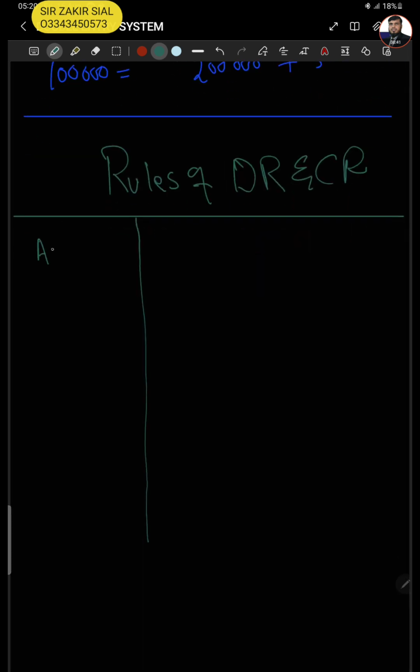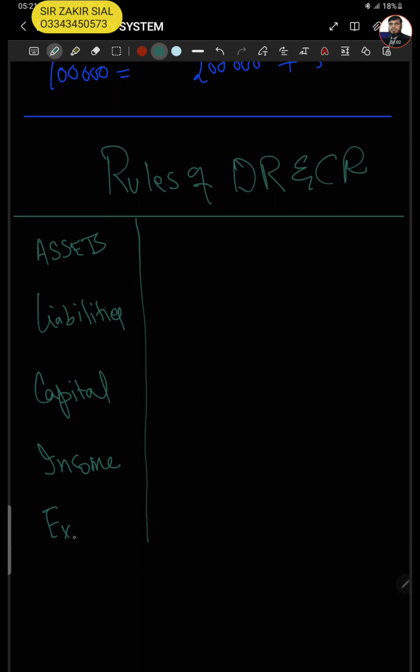Assets, liabilities, capital, income, expense, drawings.